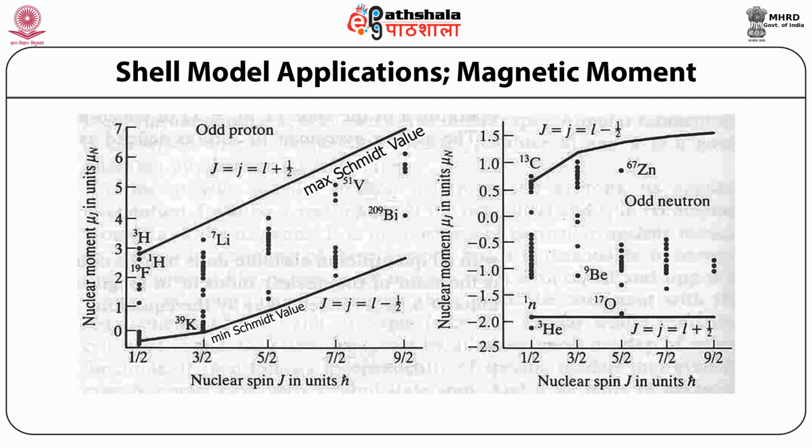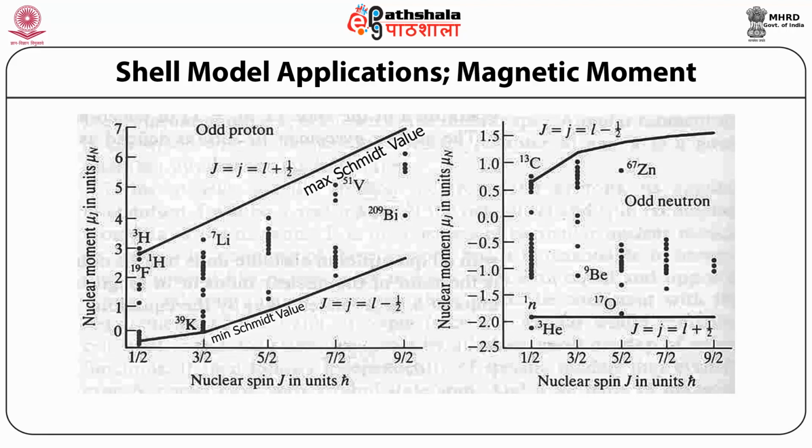Now, on the proton side, we find that the two more or less parallel lines represent the Schmidt values. The upper line indicates the case of j is equal to L plus half. The lower one indicates the case of j is equal to L minus half.